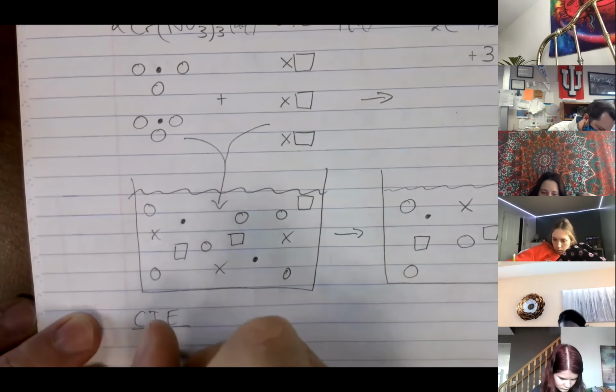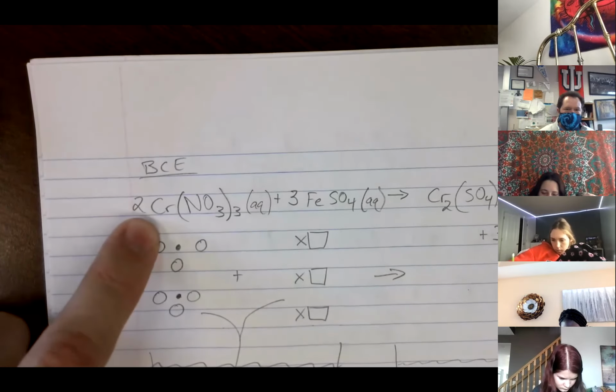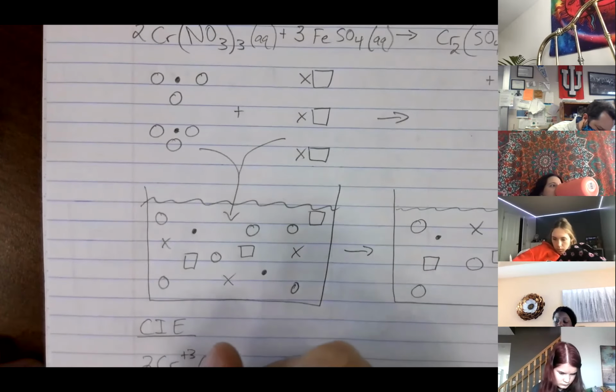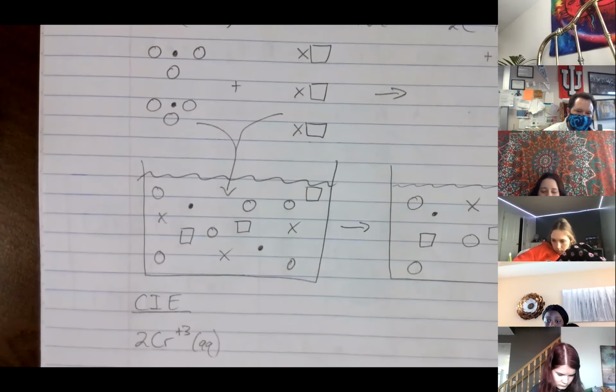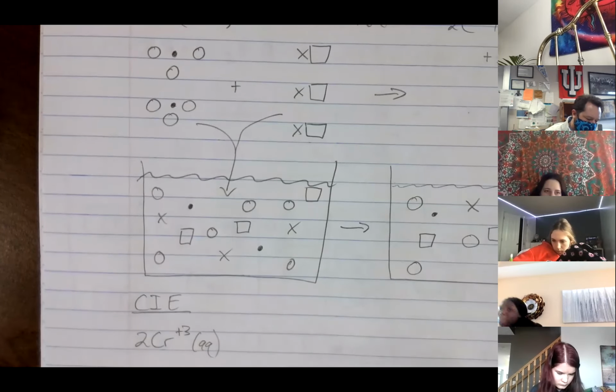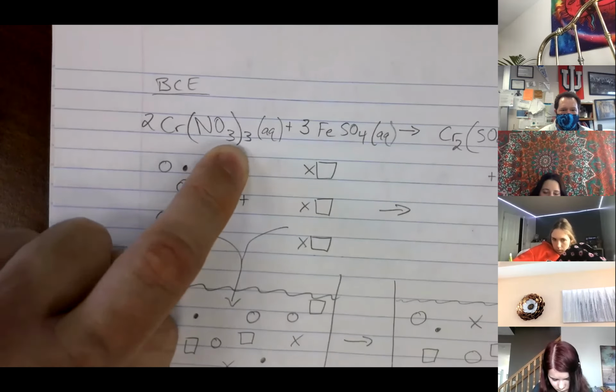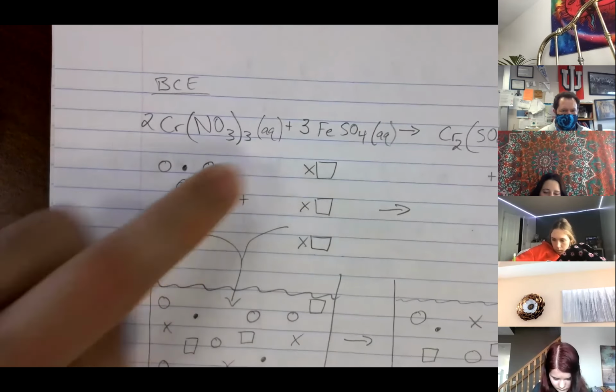Well, with 2 Cr ions, we said those are +3 ions. Make sure they're floating around in water. We have 6 nitrate ions, 2 and 3 of them.